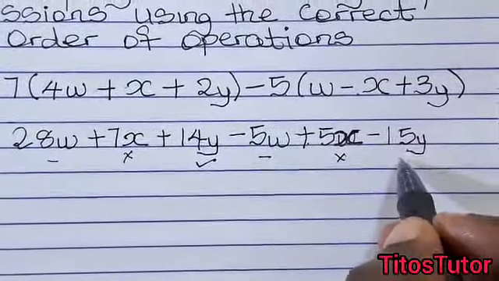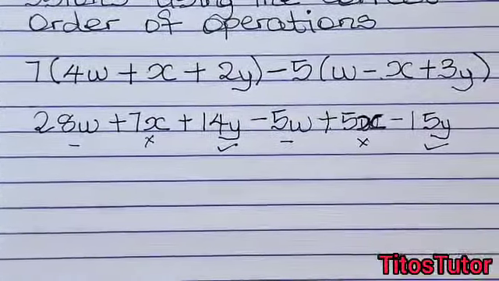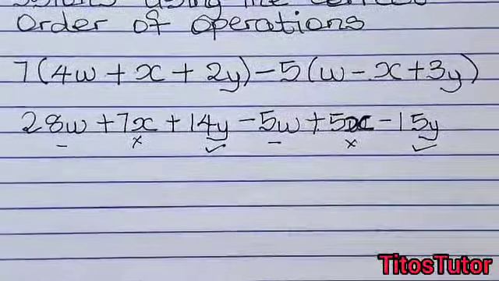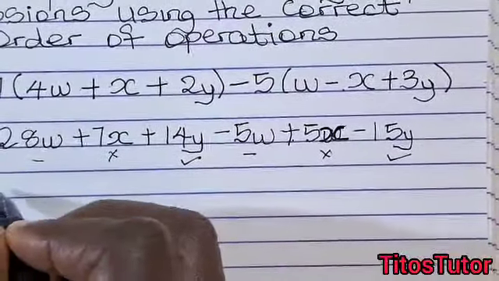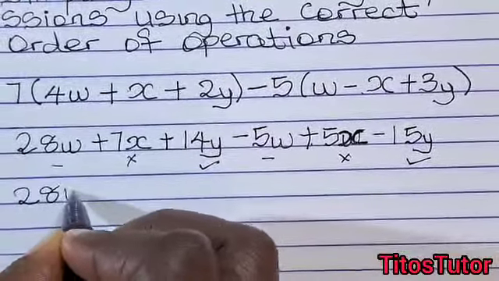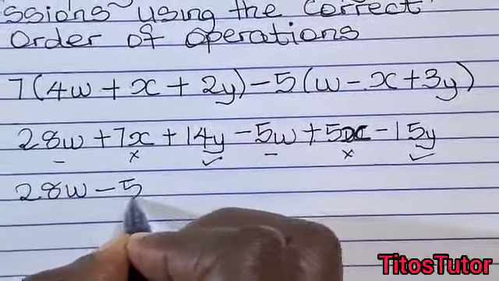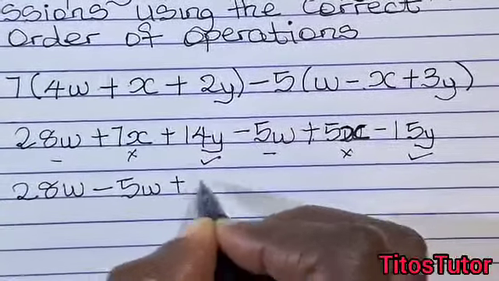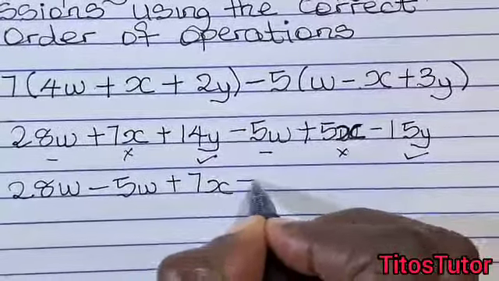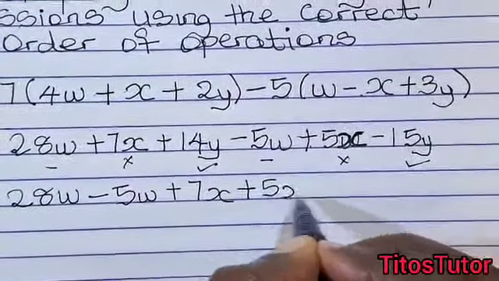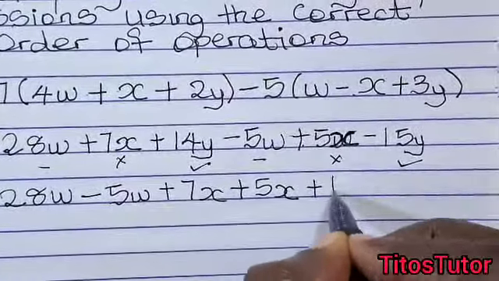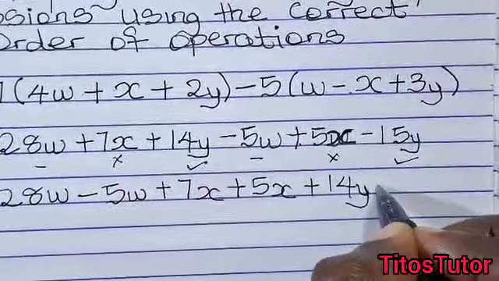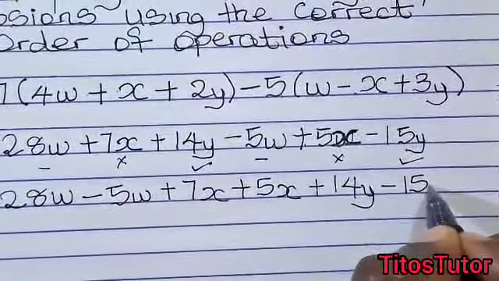Y and y like terms. So I'm going to group the like terms together. Let's group. 28w minus 5w plus 7x plus 5x plus 14y minus 15y.